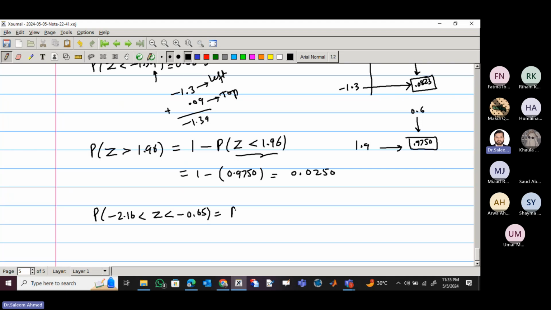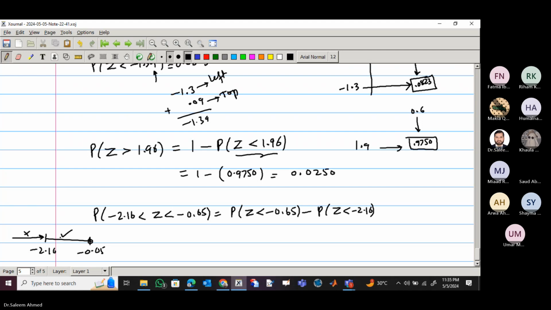Here you write the right first: left of the right point minus left of the left point. Whatever is on the right goes first, so minus 0.65 goes first, and you subtract minus 2.16 from it.